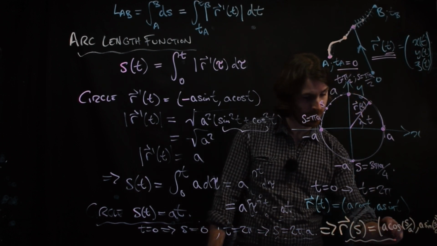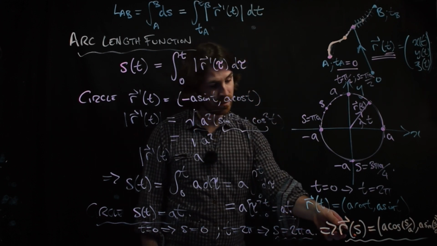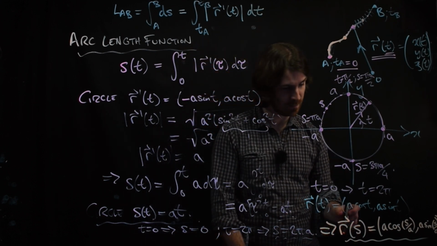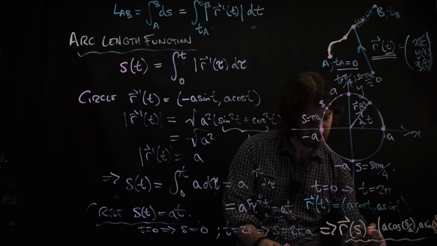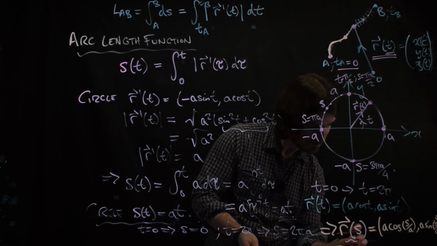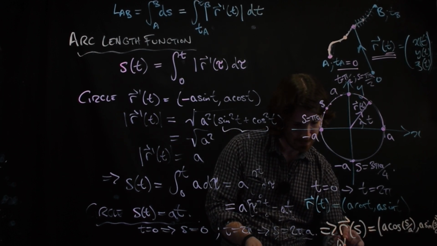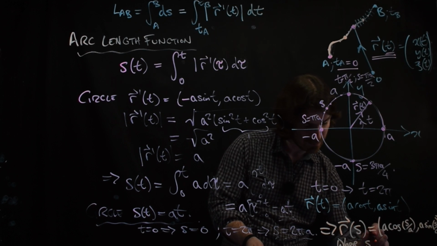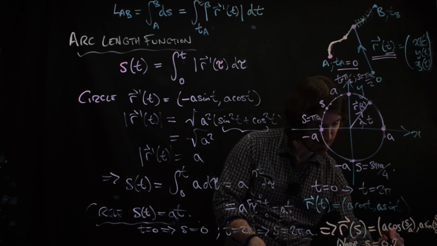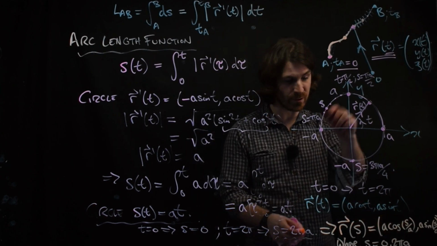Okay, and this is a circle parameterized in terms of the natural parameter s, okay, where s goes from 0 to 2 pi times a, the circumference of the circle.